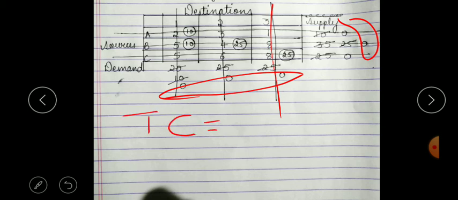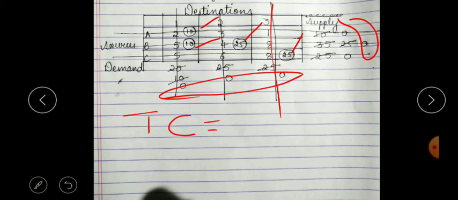Total cost will be equal to, you have to multiply, or you have to check where all you have done allocation. The first allocation is here, the second allocation you can go in any way. You should not remember which you had allocated first, which you had allocated second. That is not the case. You just need to see which all cells have been allocated. So total allocations are 4.